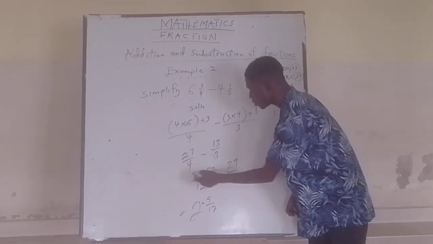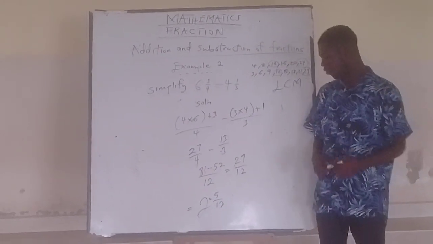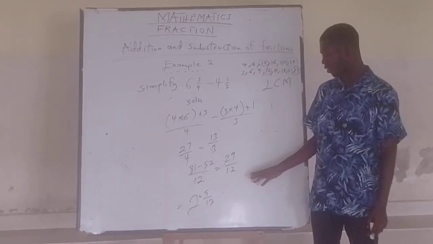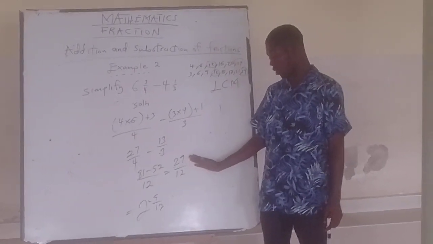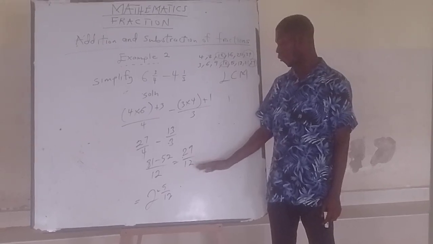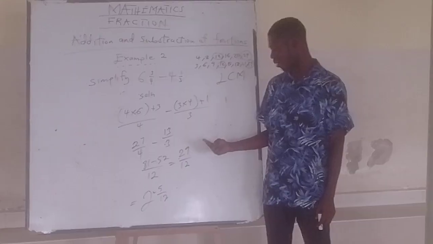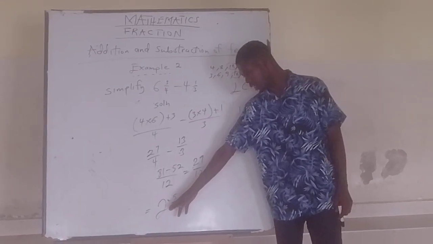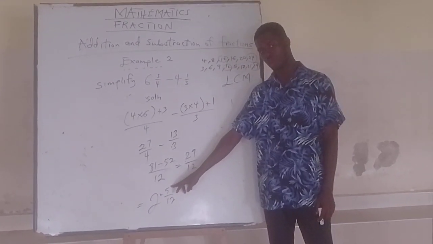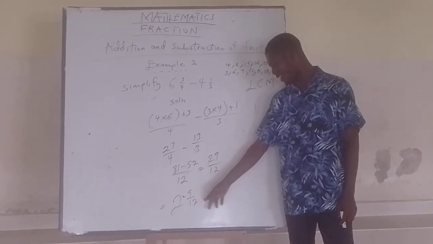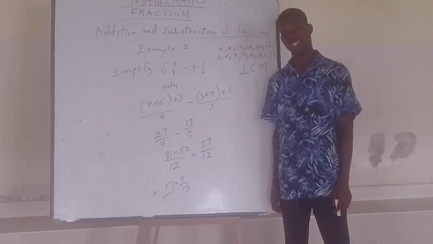Yes, 2 and 5 over 12 is the final answer of this question. Or you can do it like this: 29 over 12, 12 goes into 29 2 times, that's 24, remainder 5, and over the denominator, which is 12.